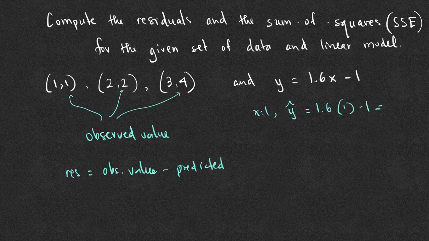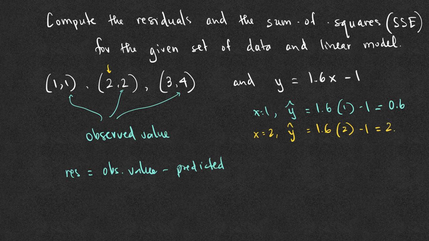We can use a calculator to compute this. We will get 0.6. For the second point, when x equals 2, y hat is 1.6 times 2 minus 1.